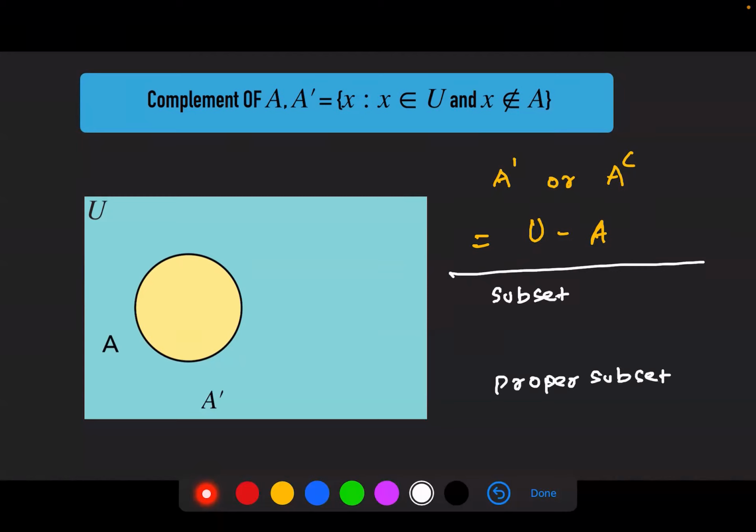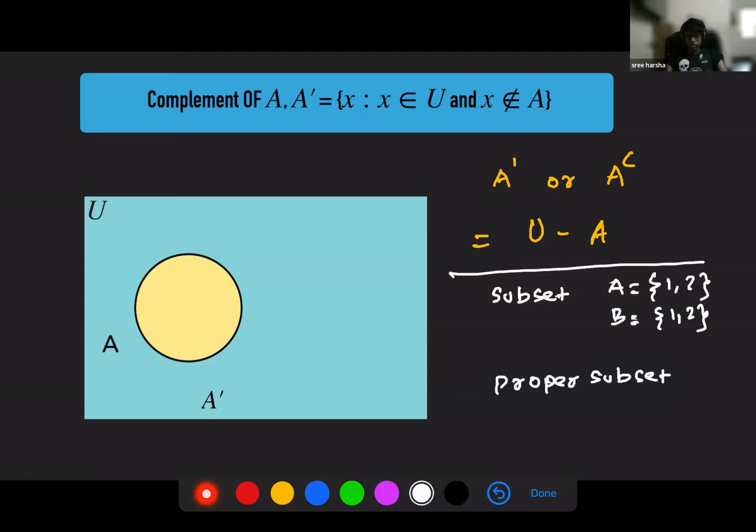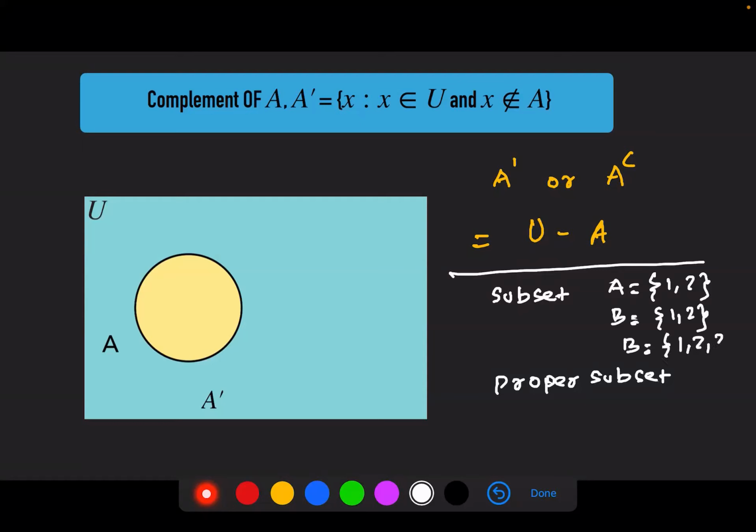See, suppose A is {1, 2} and B is {1, 2}. Can I say A is a subset of B? Yes, sir. But what if B is not {1, 2} but {1, 2, 3}?